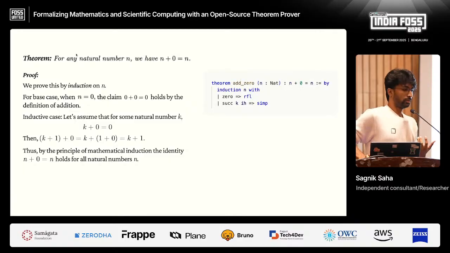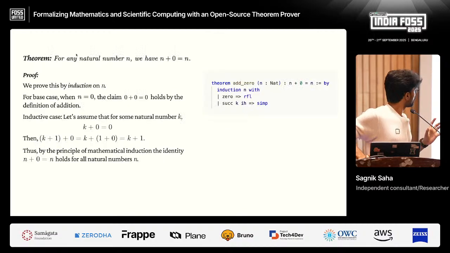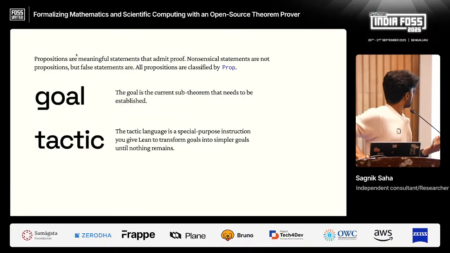Let us see how the Lean proof looks. I'll explain how the syntax works quickly. We have two major elements in the proof. We have a goal, which is a current sub-theorem that needs to be established. For example, whenever we define the theorem add_zero, it will create a goal that we need to prove. And then we use tactics.